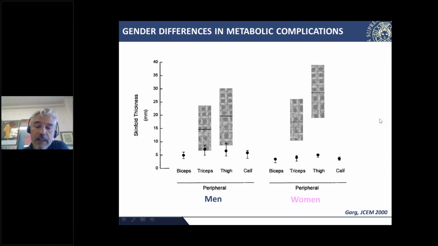First reason is that acquired forms, which are autoimmune, are more frequent in women. The second reason is that subcutaneous fat in women is more physically abundant. So the lack of this organ has more metabolic impact in females rather than in men. And this usually brings patients to the attention of the physician.